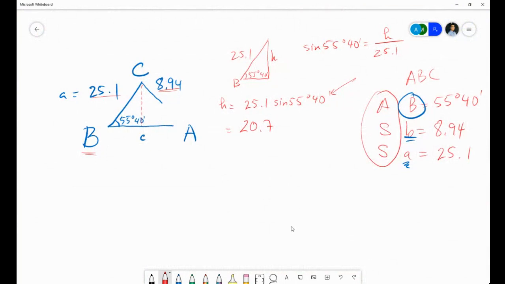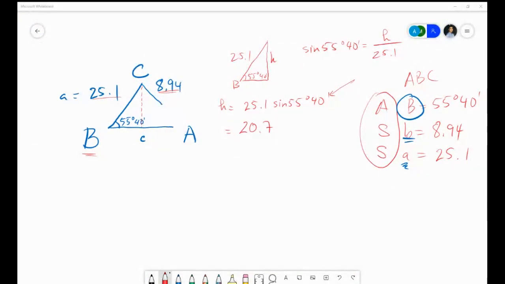All right, let me use my calculator. How do you type in the minutes? Oh, press second and apps.